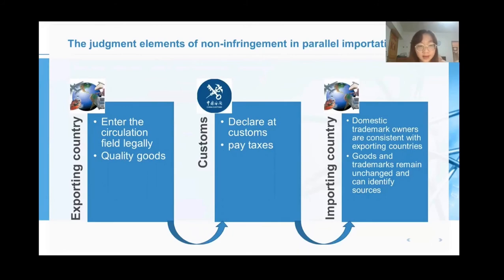Please look at the slide. The importer enters the importing country through the way of normal customs declaration and tax payment and normal commodity circulation. If the trademark right of the importing country is the same as that of the exporting country at this time, and the commodity and the trademark are not changed, the source of the commodity can also be truly reflected. Then it does not constitute trademark infringement.